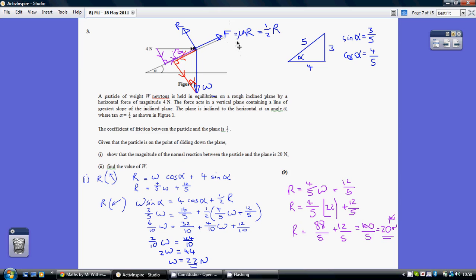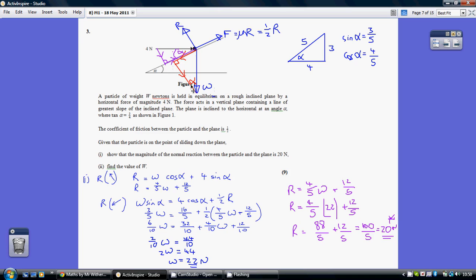Remember, friction is mu times R, R being the normal reaction, and on this occasion we're told that mu is a half. The coefficient of friction is a half, so F equals a half times R. So resolving diagonally upwards, we've got R going upwards, and what have we got coming downwards?